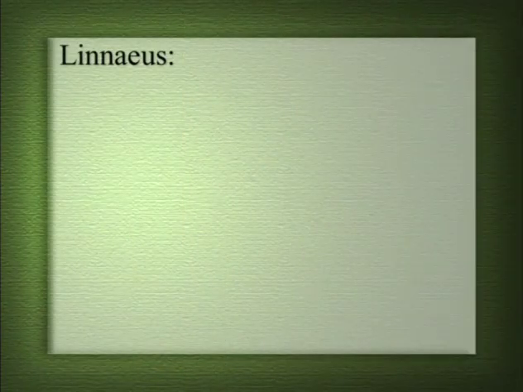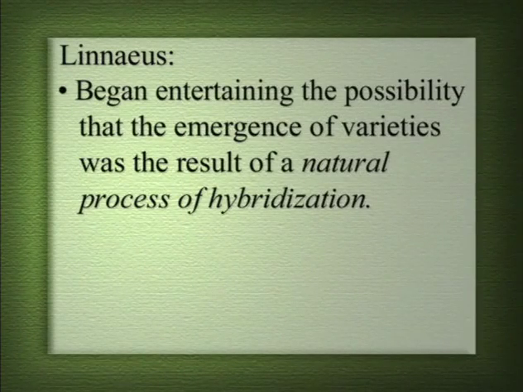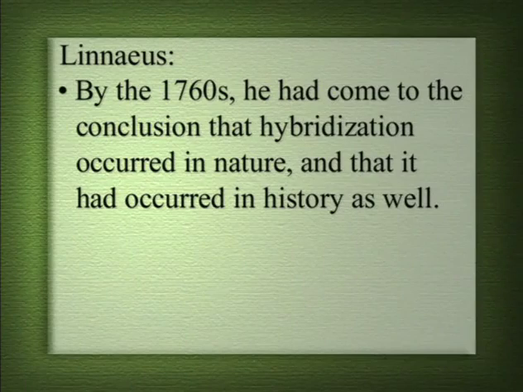Linnaeus decided this wasn't the case, and he began entertaining the possibility that the emergence of varieties was the result of a natural process of hybridization. He'd been working long and hard on breeding varieties that could withstand the harsh Swedish climate. He knew how to produce plant hybrids, even if they didn't always survive like he hoped. Well, by the 1760s, he had come to the conclusion that hybridization occurred in nature and that it had occurred in history as well. He reasoned that God had originally created only a relatively small number of species.